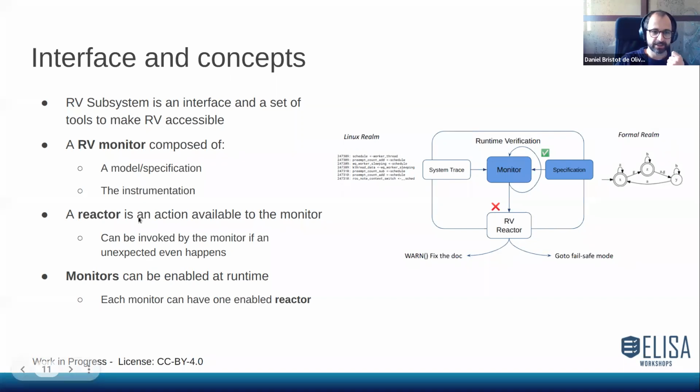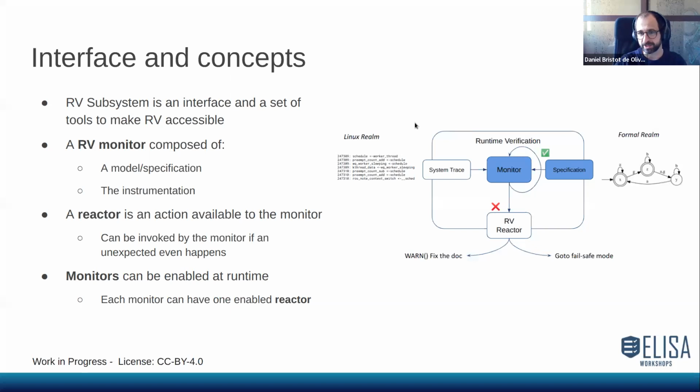And the reactor is an action that's called when something wrong happens, when some unexpected event happens. The monitor can cause a reaction. I will show a video where I actually use the interface. The reactor is the action that I will take, and the monitor is all this together, right?